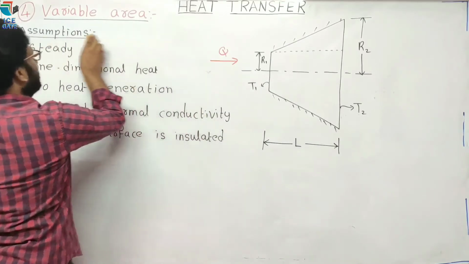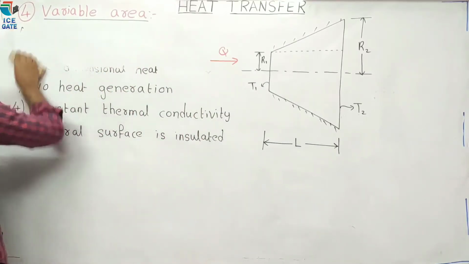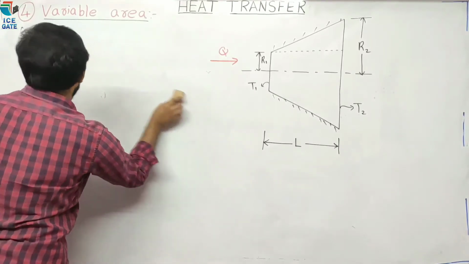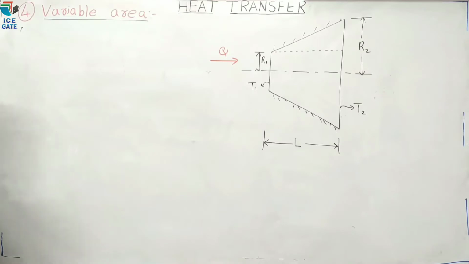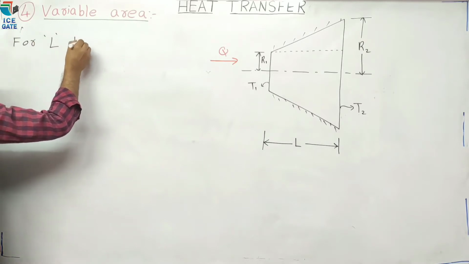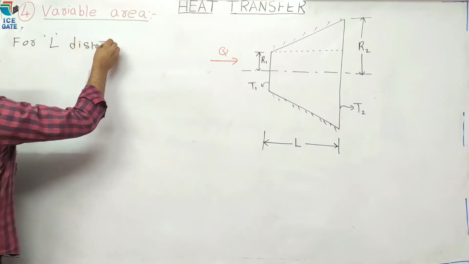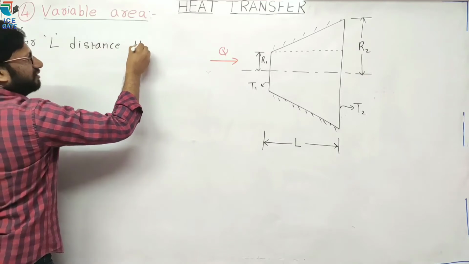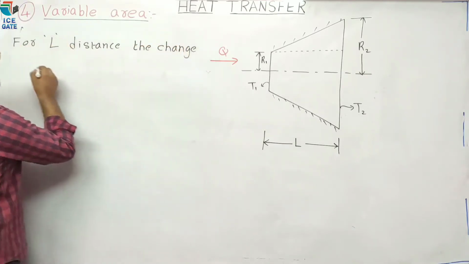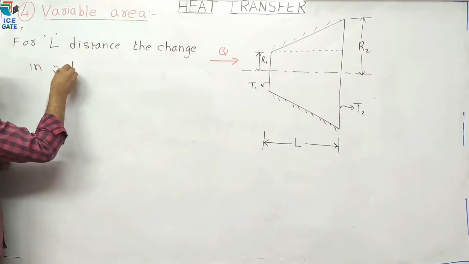Now write down equation. For L distance, the change in radius.